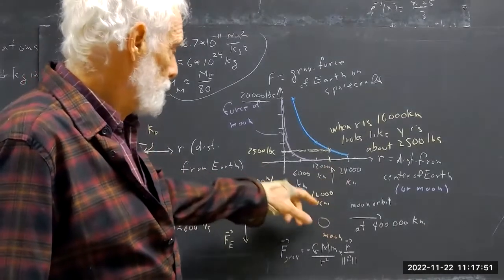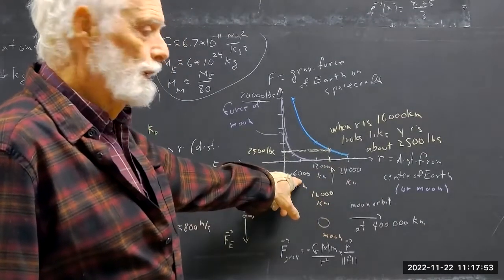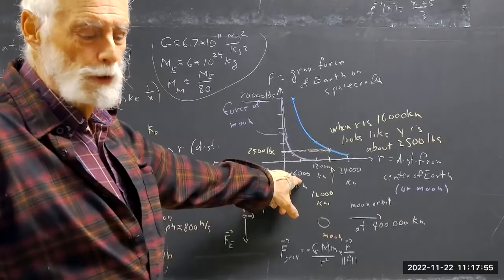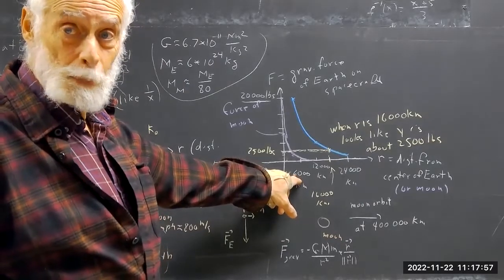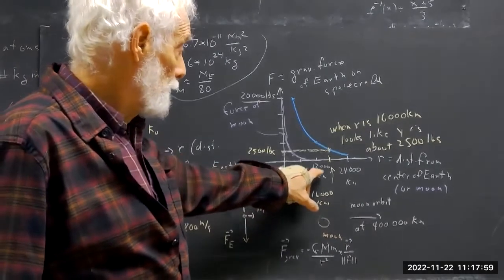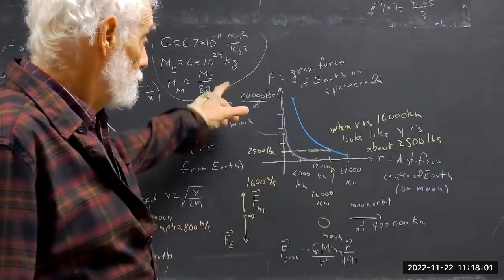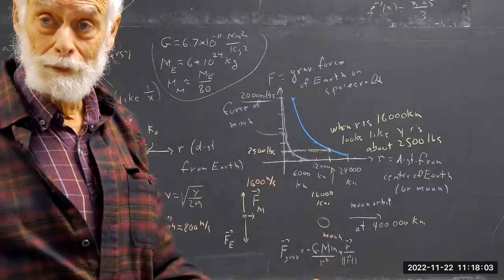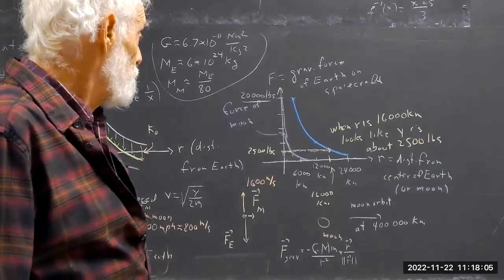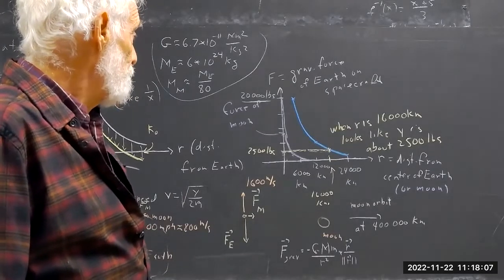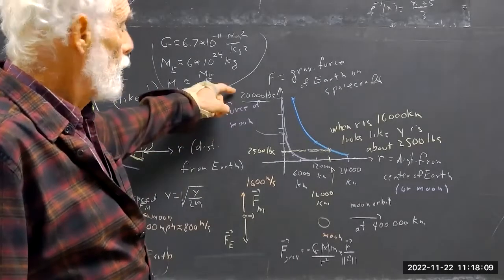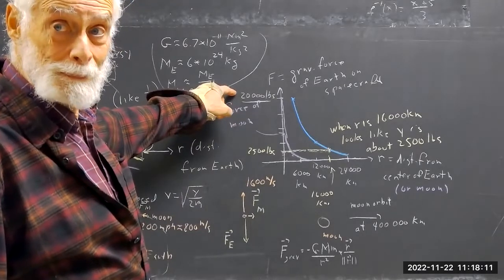And these are approximate. That should actually be 6,348 or something like that, depending on where you are on the Earth. But I'm just rounding it off to 6,000. These are pretty accurate, okay, for a spacecraft that weighs 2,000 pounds on Earth.